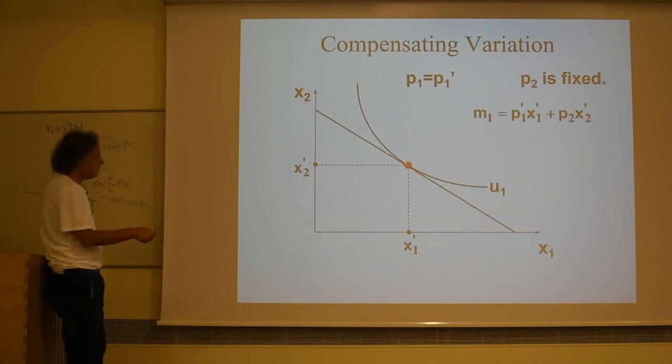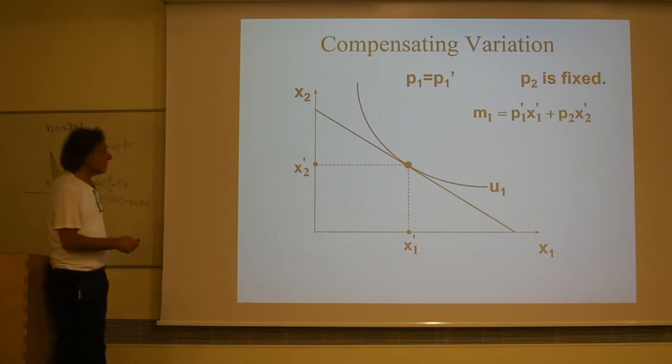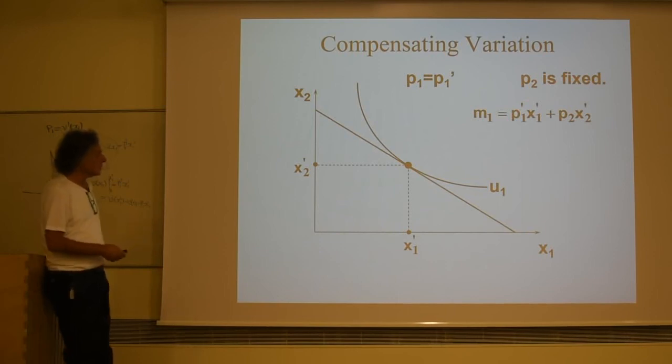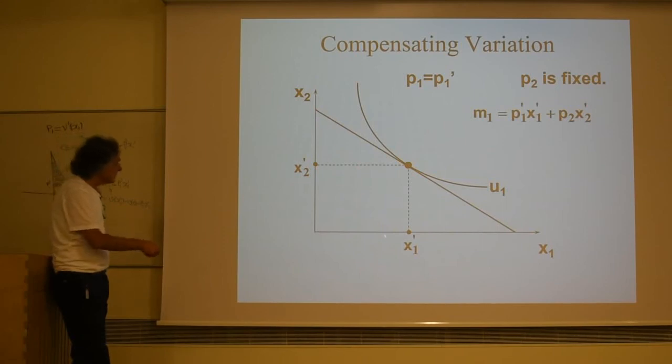Let's say this is the point, then x1 prime, x2 prime is the optimal bundle for the consumer under the budget constraint M1. I leave P2 fixed, just changing P1. Now, if P1 rises, the new demand will be something like this.